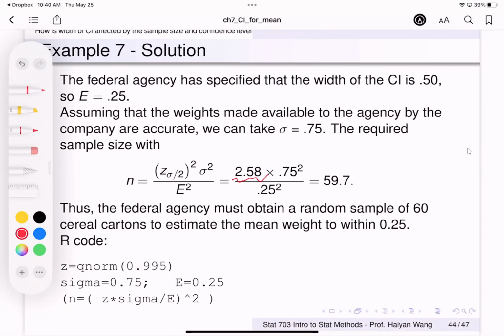After the computation, we see 59.7, so the conclusion is that the federal agency needs to obtain a sample of 60 in order to get the confidence interval width of 0.5 at the 99% level. So here, this 59.7, we would always round up.